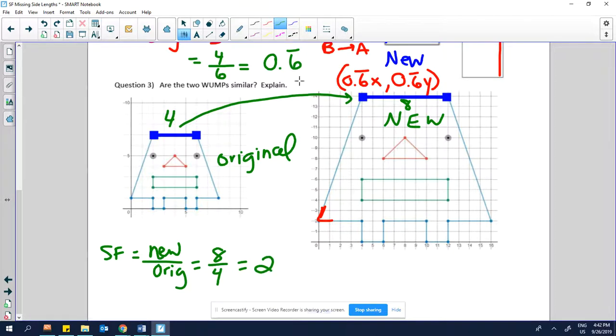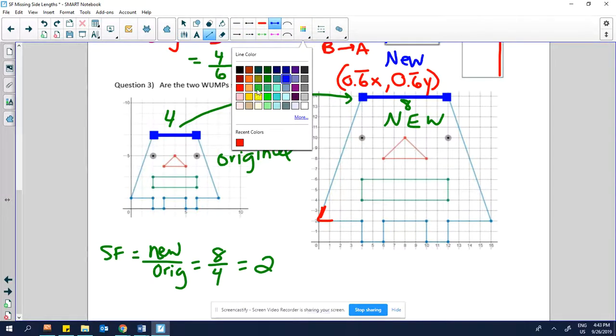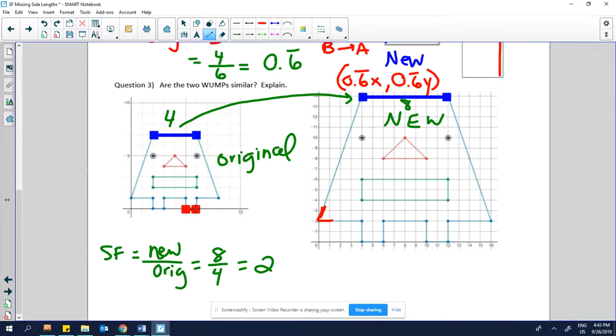Okay, let's see if it's 2 somewhere else. Let's check. Let's use a different color. Let's check his foot. Oh, his foot's only 1 long here, and it's 2 long there. All right, so let's do scale factor equals new divided by original.